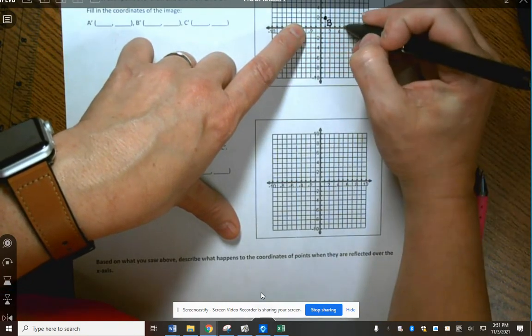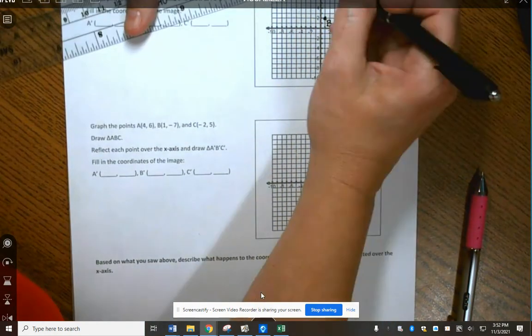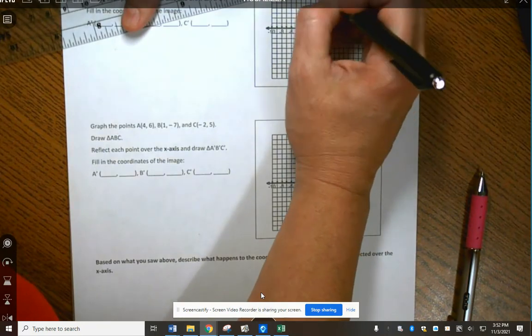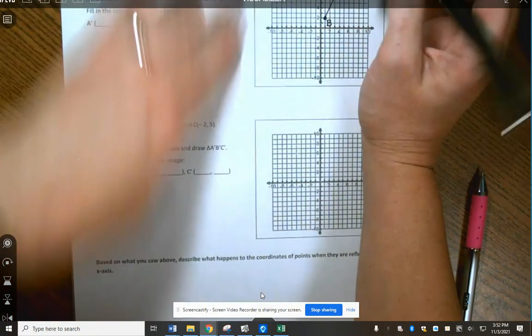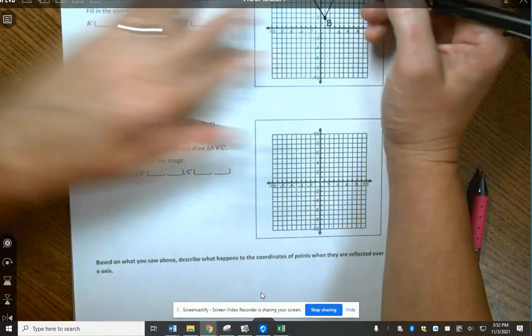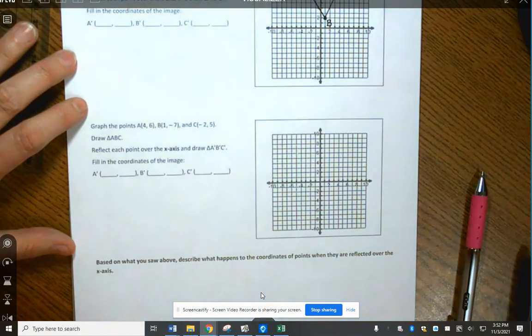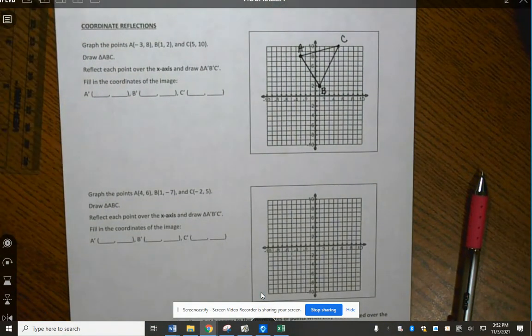And C is at 5, 10. And those are my pre-image coordinates for triangle ABC. The pre-image just has the regular letters on them. The image is going to have the prime, or it looks like an apostrophe symbol.